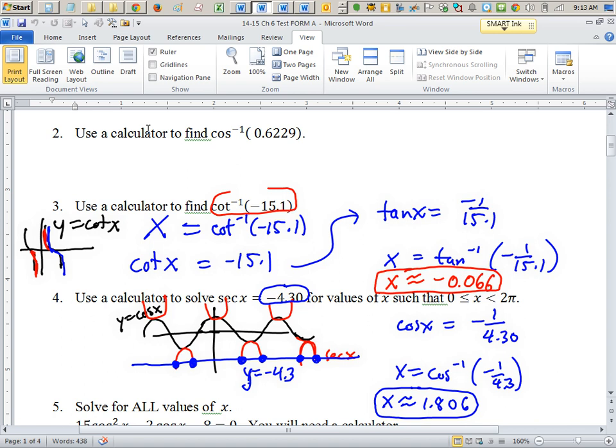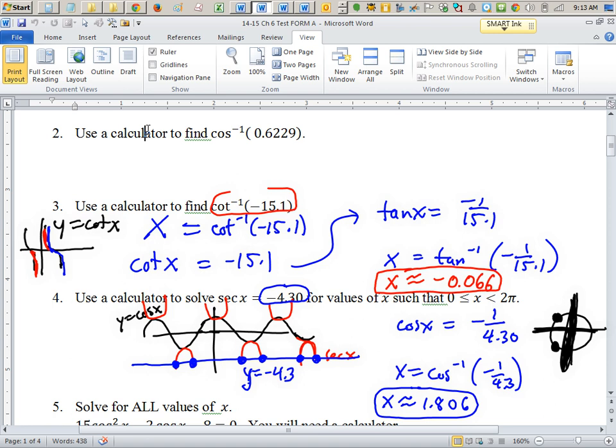So how do you get all the others? Well, there's a couple ways to do it. One is you can think on the unit circle. When I know that cosine is negative something, that gives me a point right there and right there. For example, if cosine is negative 1/2, it gives you these 2 points, one above the other, on the left side.